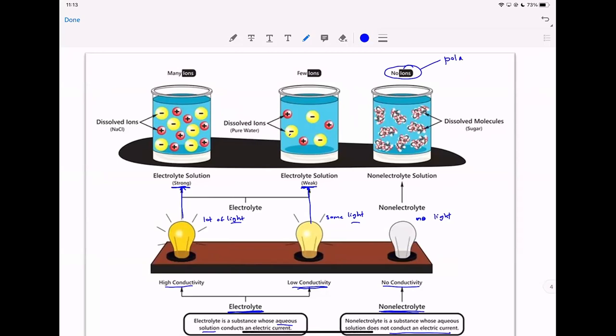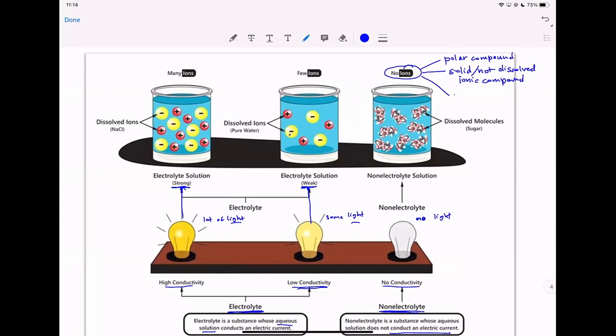And what are the possibilities for having no ions? You could have a polar compound that's dissolved in solution. You could also have something that's not dissolved, which would be a solid, so a not dissolved or solid ionic compound. There was no water added to it.